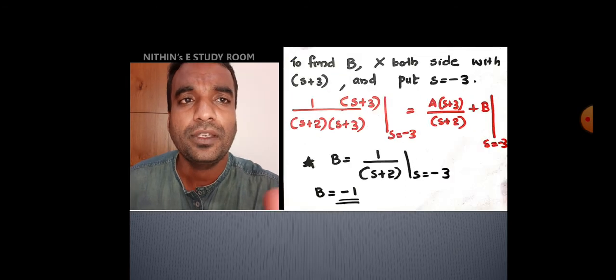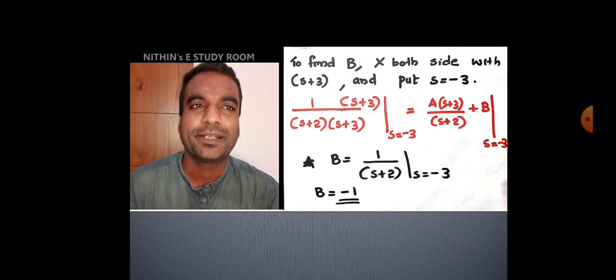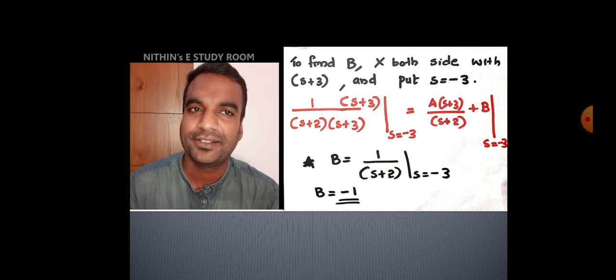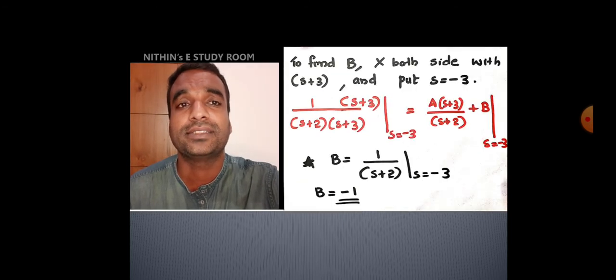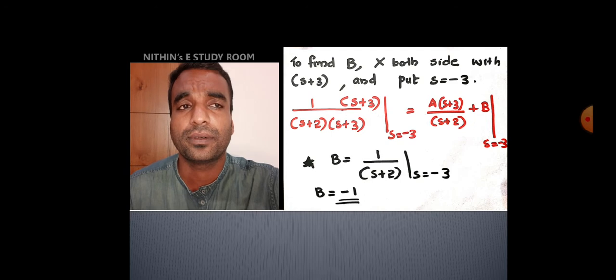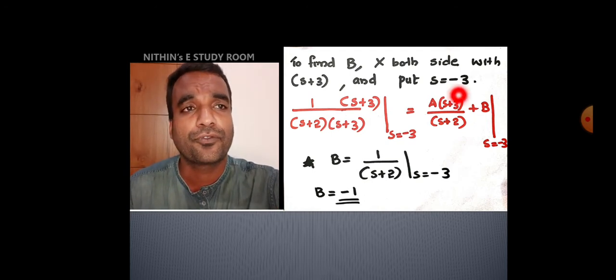So if you want to find b, theoretically speaking, multiply both sides with s plus 3. We multiply with s plus 3 because the denominator of b is s plus 3, and put s equal to minus 3. We know that on the right side it is a into s plus 3 by s plus 2 plus b, because b's denominator and s plus 3 get cancelled.